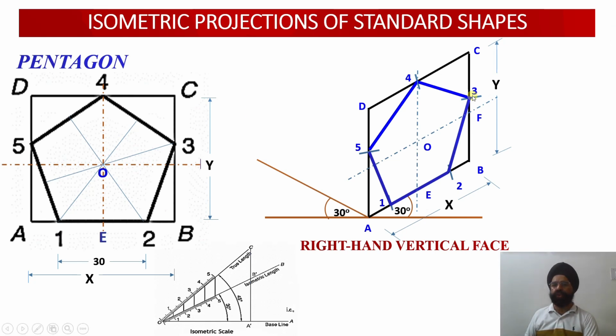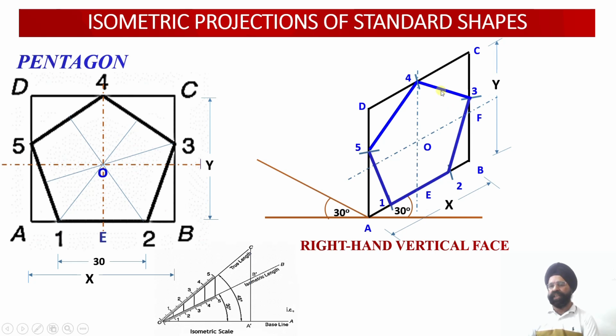And one thing you should not forget, that in this pentagonal construction, only one edge, that is corresponding to the edge 1, 2, this is the isometric line, while the rest of the 4 edges 2, 3, 3, 4, 4, 5 and 5, 1, they have been located by using the rectilinear distances, and these are the edges which happen to be inclined to all the 3 axes, that is x-axis, y-axis and z-axis.